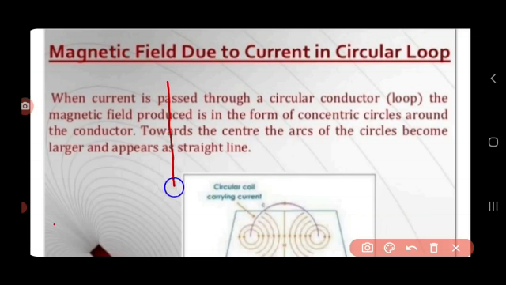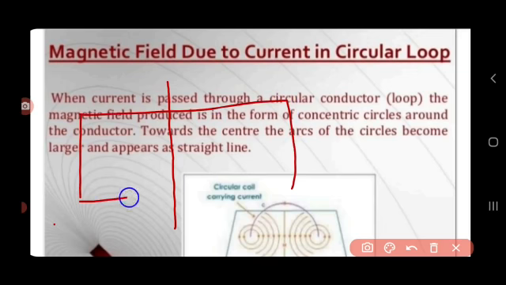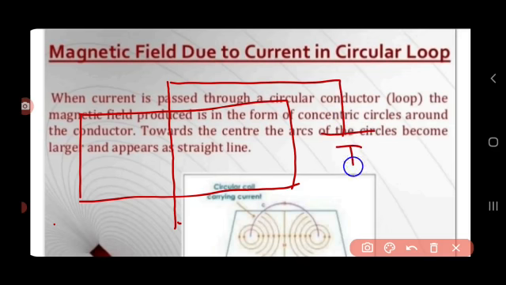Now when we tap the cardboard, we'll see the iron particles arrange themselves in the form of concentric circles, showing the magnetic field of the magnet.